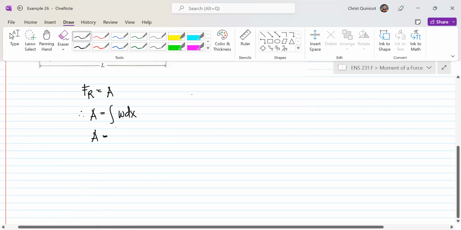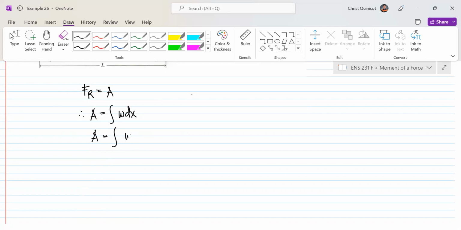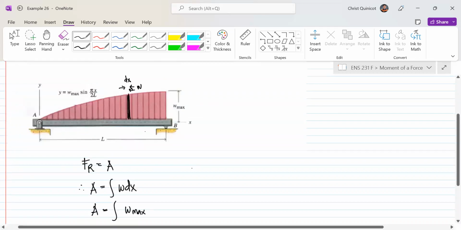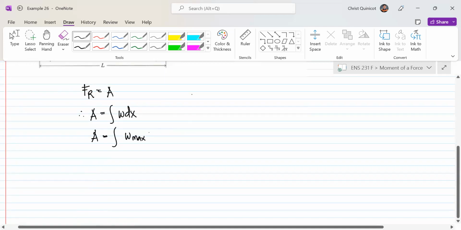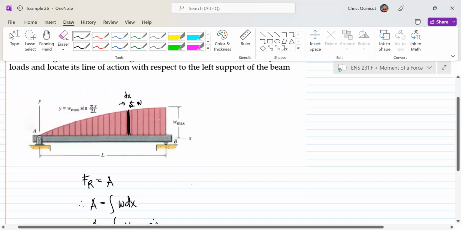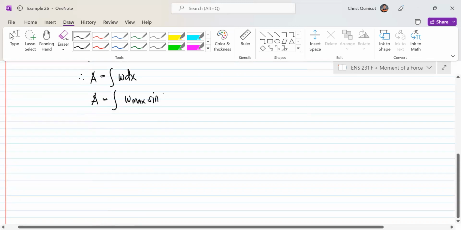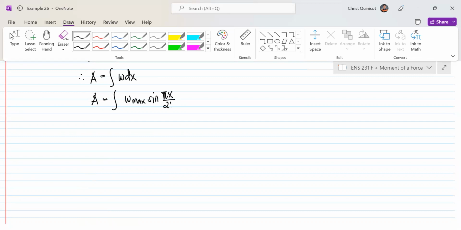is equal to the integral of w sub max, the maximum load, times sine pi x over 2L dx, right?